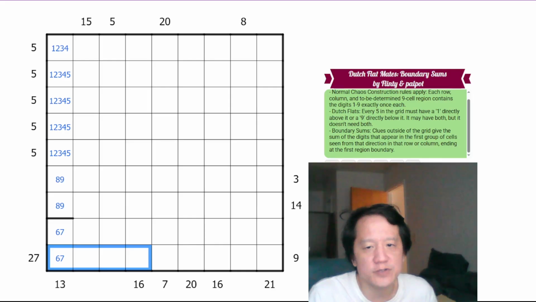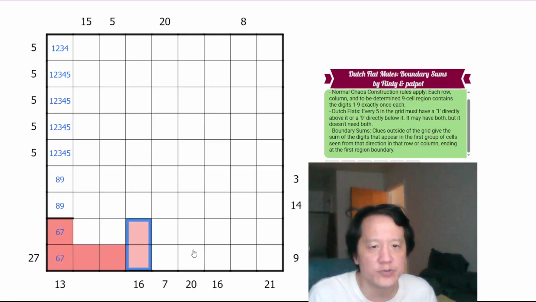These must be the same region, because to add up to 27, you have to have at least 4 digits. These add up to at least 16, so it's at least 2 digits.